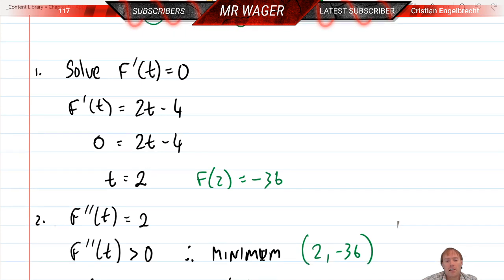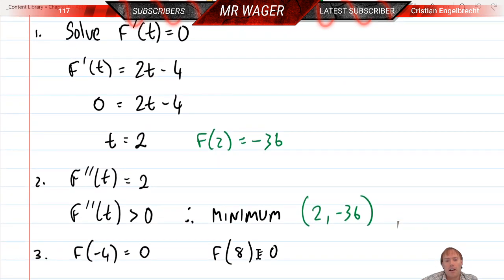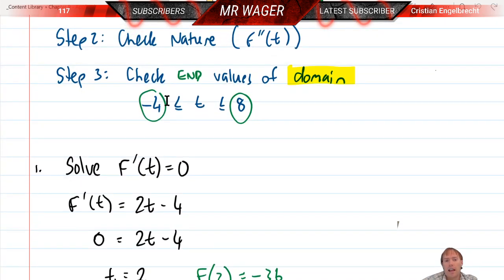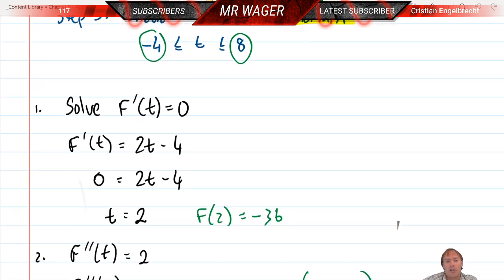Okay, so the next thing we need to do is think about the maximum values. There were no local maximums because we didn't get any derivatives equal to 0 other than this one here. So let's substitute in the end points, the end values of our domain, to get an idea of some other values that we are interested in.